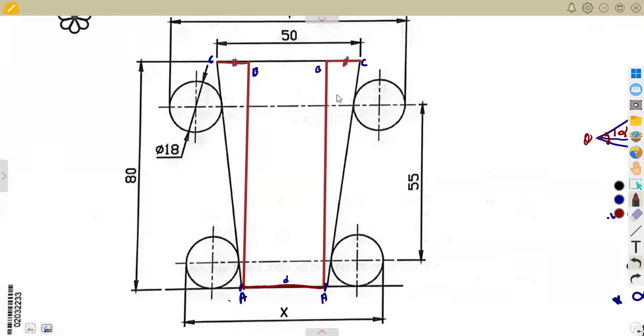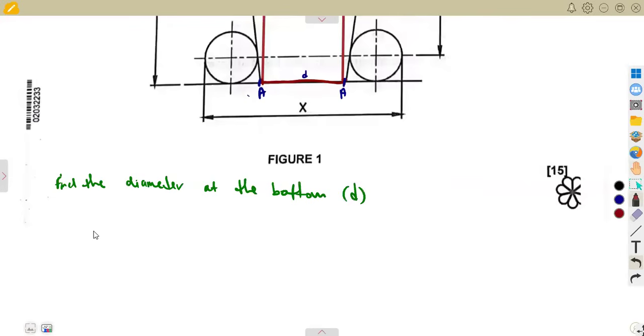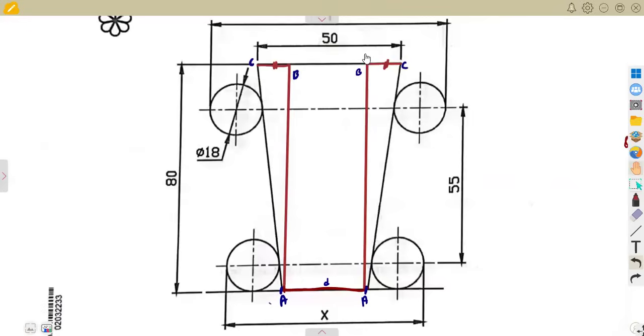If we take a closer look, 50 consists of the BC and this d, which is the diameter at the bottom, which is the same as this length from here to here, and also this one. They give us the 50. So let us consider that 50 is the sum of those three. That is, 50 is equal to BC plus the diameter at the bottom plus also BC, which is this one from this point.